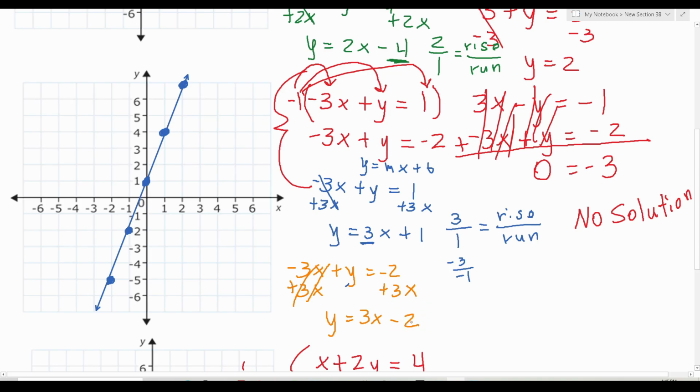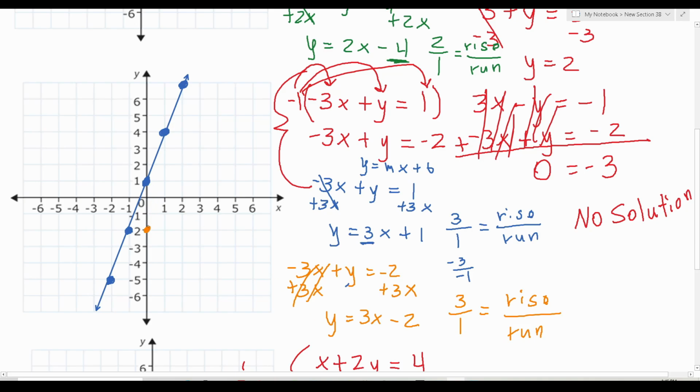And again, this negative 2 is our y-intercept, so we're going to go ahead and plot that point. Again, the y-intercept is the point at which the line crosses the y-axis, and we can see that it crosses right here at negative 2. And our slope is 3. Technically, it's 3 over 1, and we can use rise over run to graph the rest of our points.